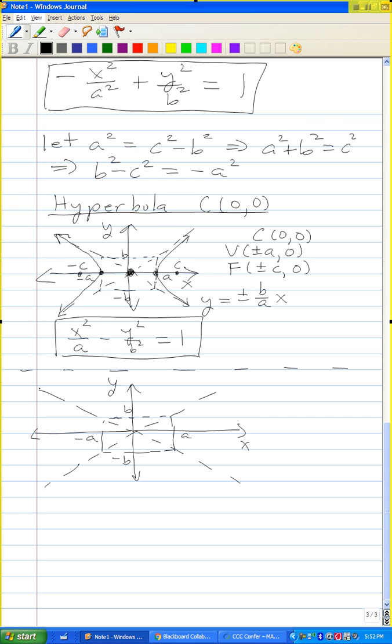So here are my asymptotes. And suppose that your hyperbola looks something like this.